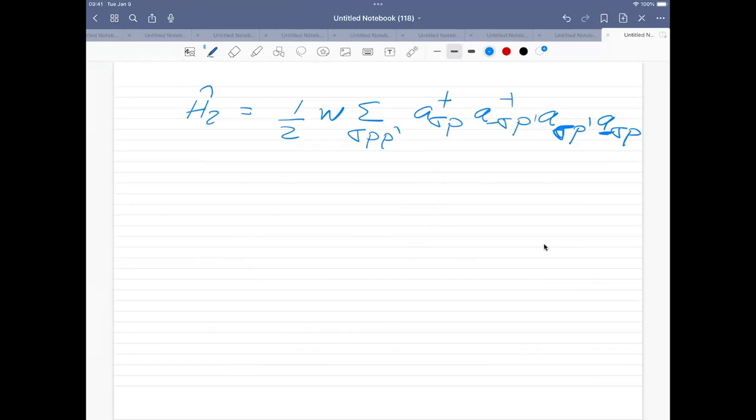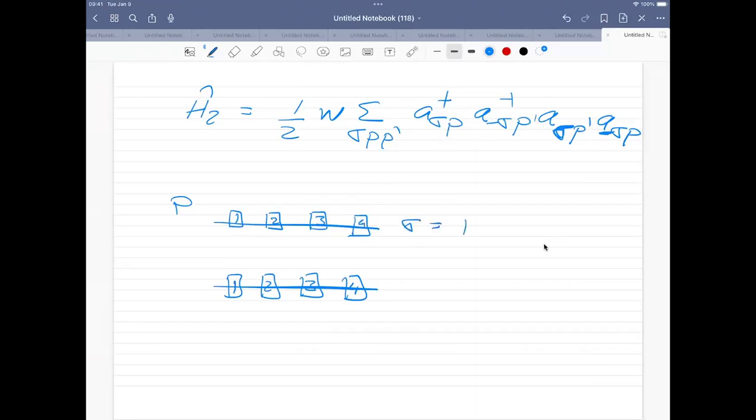So this one is something which now acts on the following type of state. So let's take a look at that. So we have the p's. So let's just put the p's now 1, 2, 3, 4. And we have sigma equal to 1 and sigma equal to minus 1.